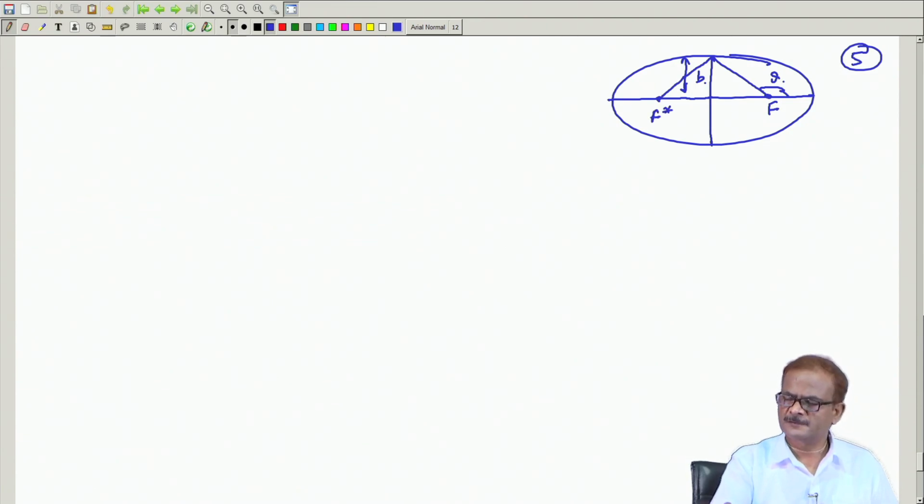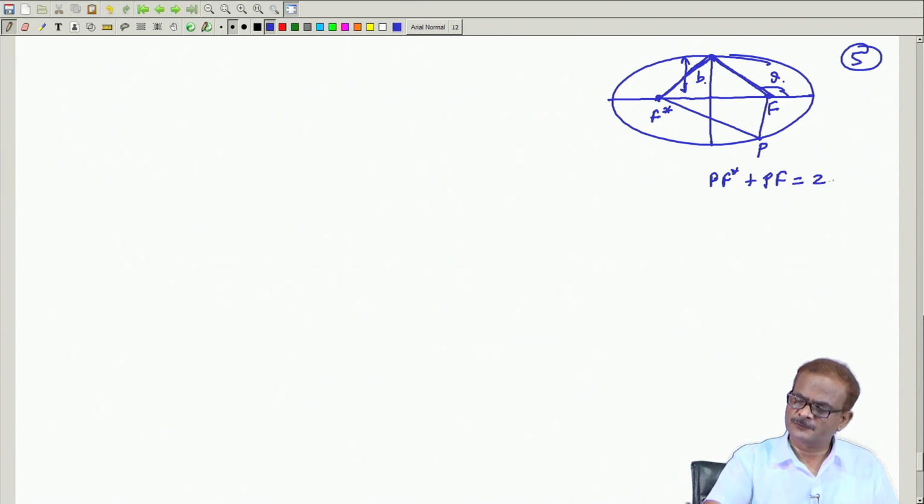Purposefully I followed that path because that was more generalized. In the case of ellipse, this distance from here to here plus here to here, or to any other point P, is always 2a. That means P F star plus P F equals 2a, which we have discussed in the case of conic section.